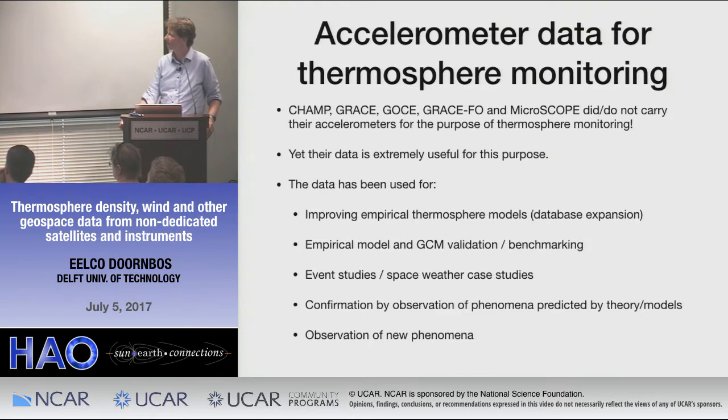It has been used for improving empirical thermosphere models, expanding the database on which these models are built, validating and benchmarking empirical models and general circulation models, and event studies, for example, geomagnetic storms, looking at what's happening in multiple types of measurements, including thermosphere measurements made by accelerometers, and confirmation by observation of phenomena predicted by theory and models.